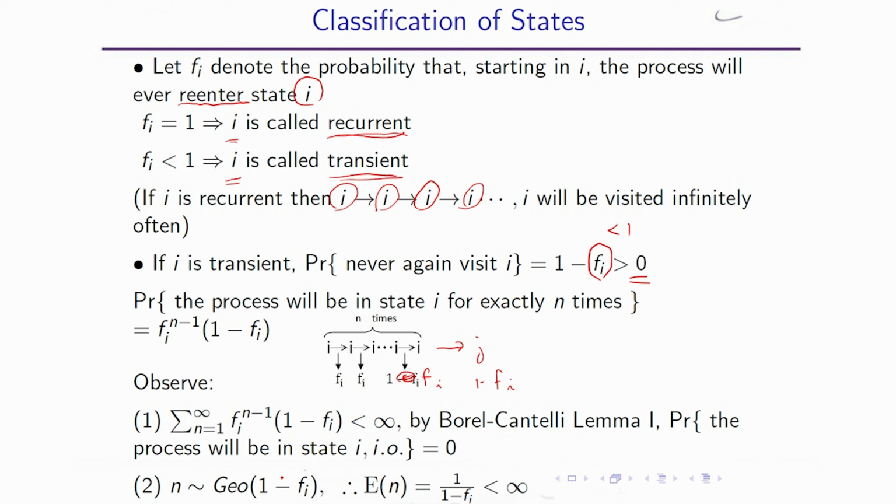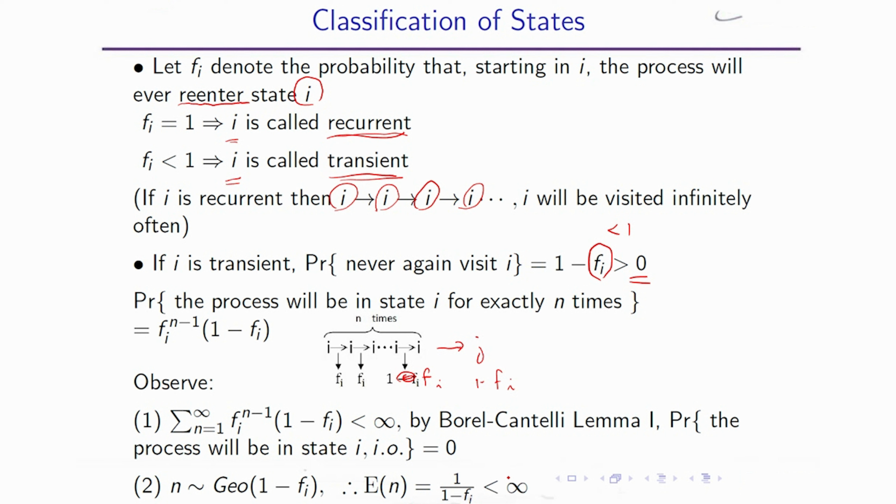So you can look at 1 minus Fi as a probability of success. Here we can define success as the process going to some state that is not i. Based on our knowledge about the geometric distribution, we know that the expectation of n must be 1 over 1 minus Fi, and that must be less than infinity.